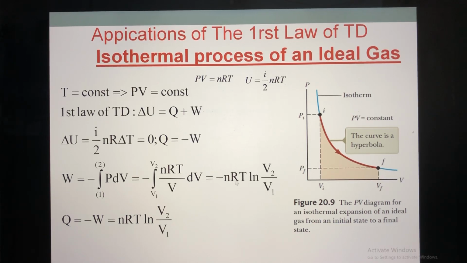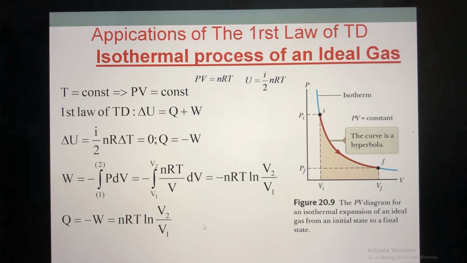And nRT is constant, so you write it here. Minus, because of the formula you have a minus, so you always repeat the minus. So here is the formula for the work. And now how do we calculate the heat? You just add one more minus before the work. Minus with minus, you have plus. So the heat will be plus.